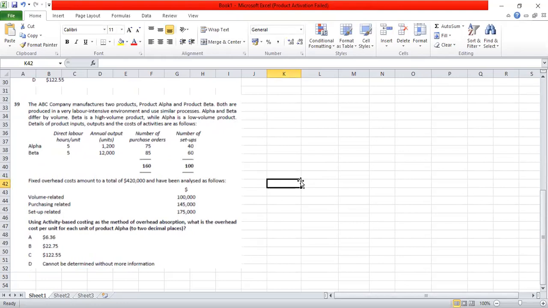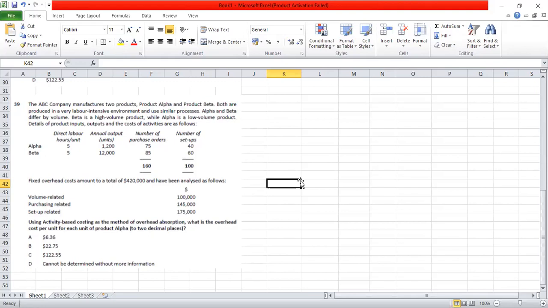First one talks about volume related. So something about the activity, volume related, the activity of the production or the capacity. To produce that particular volume, from this set of information, we see that the direct labor hours is the only suitable thing. How many hours were required?